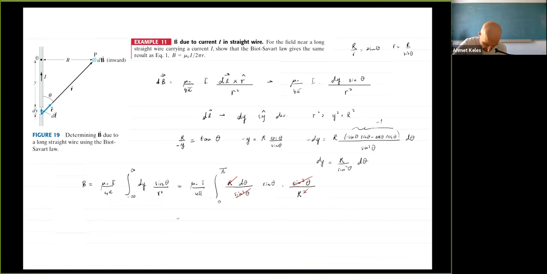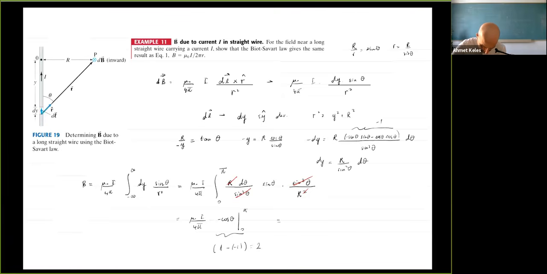This is equal to mu 0 I over 4 pi, times minus cosine theta from 0 to pi. This thing is equal to minus 1 plus 1, which is equal to 2.